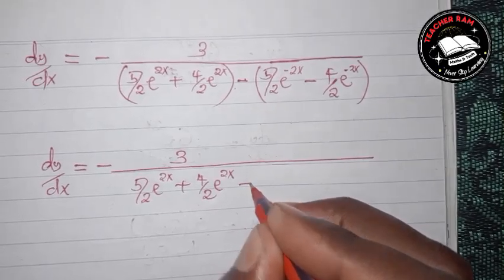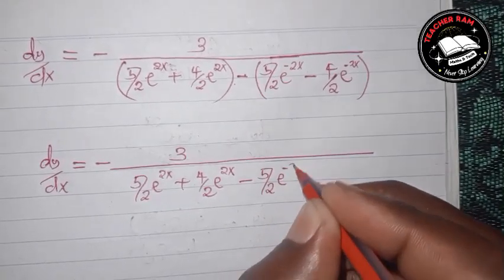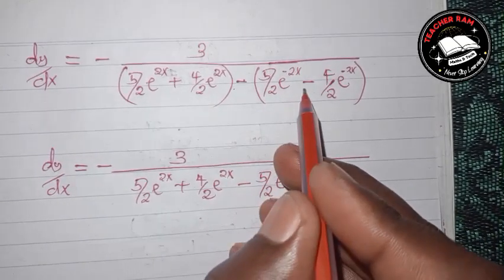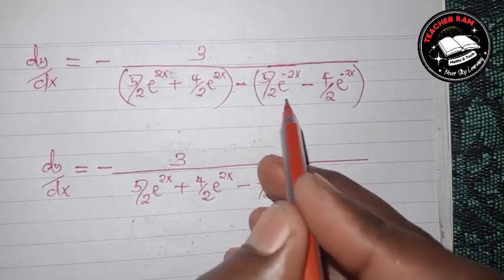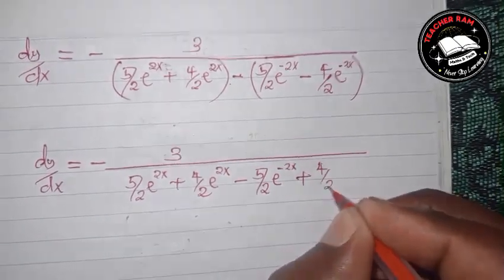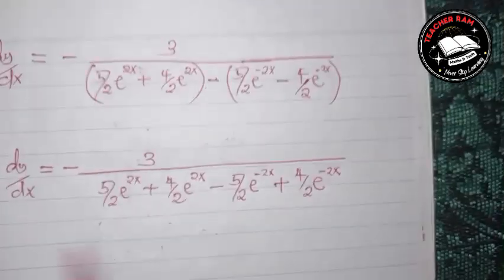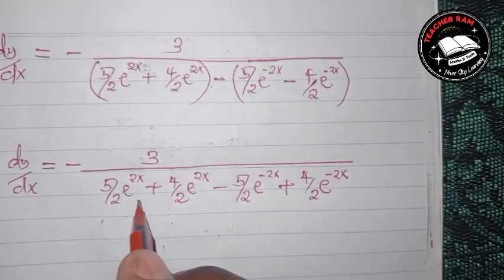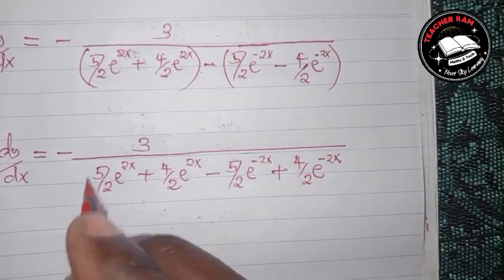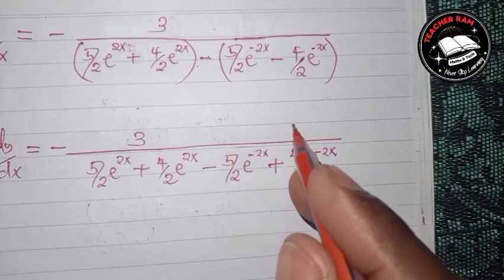Then minus 5 over 2 e power negative 2x. Then here we have negative opening, and negative multiplied by negative will be positive, so plus 4 over 2 e power negative 2x. After that we are going to take those terms with the same coefficient: 5 over 2 and 5 over 2, and 4 over 2 and 4 over 2.